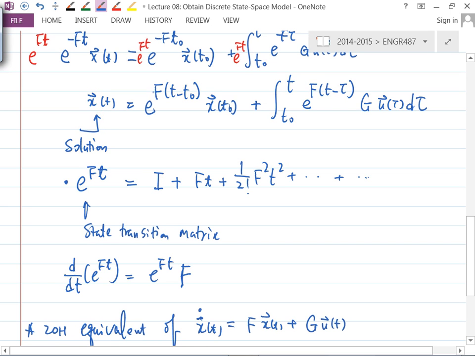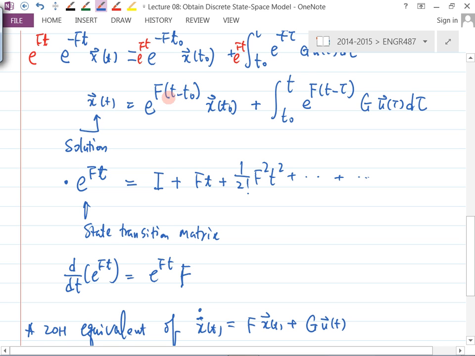Let's say I ask you a question: if this is t naught, the initial time moment, what will be the value of the system response from t naught to t naught plus capital T, the next time instant? If you are asked this, you basically just change the small t here to a specific time instant.